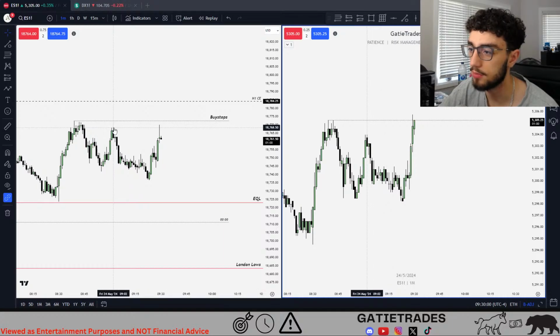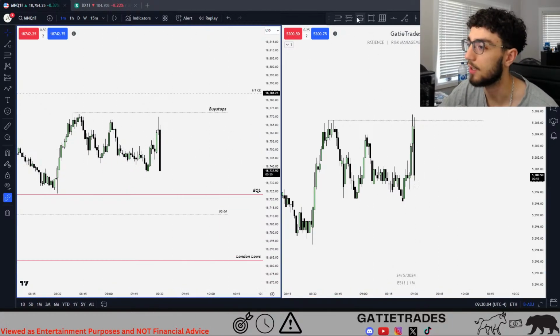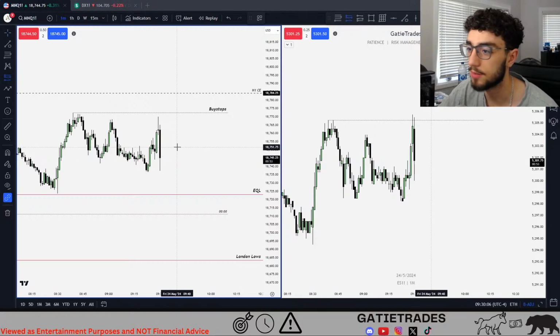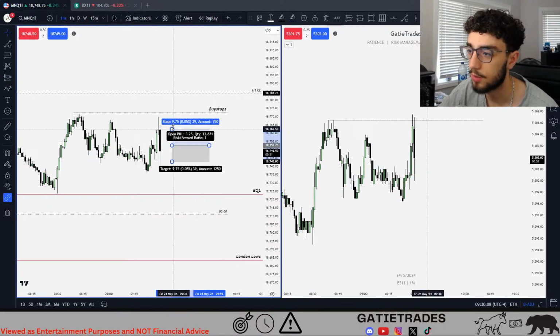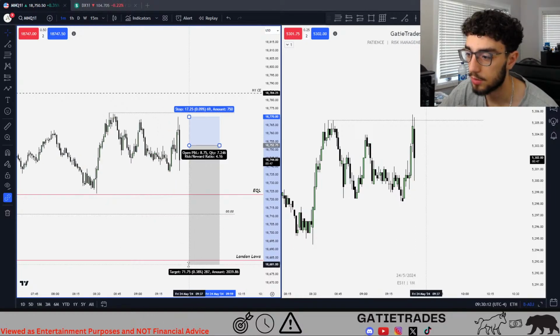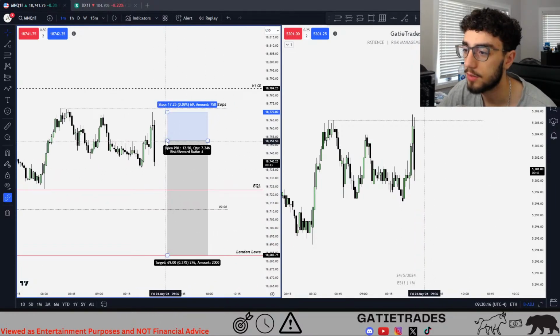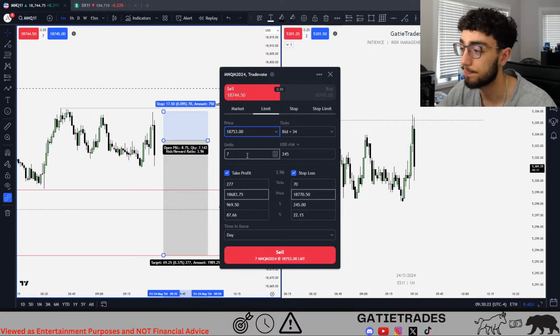We did take this high out. This is good. I'm taking this already. I will take this. Equal lows. We'll TP at London lows. That's enough manipulation for me.